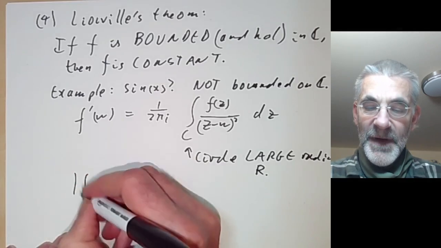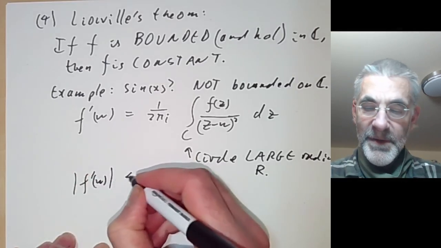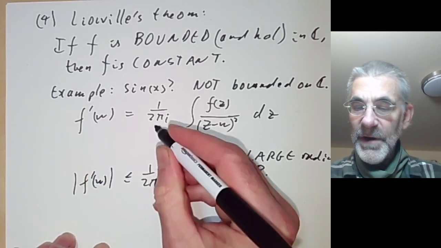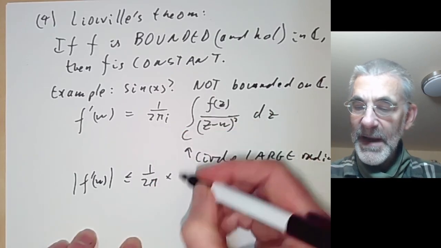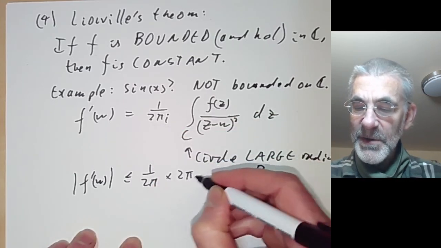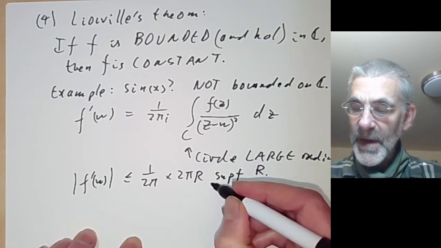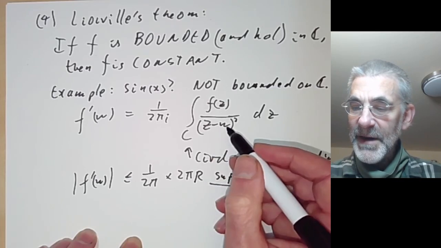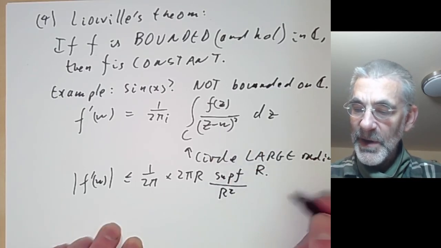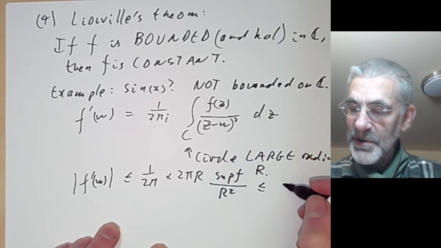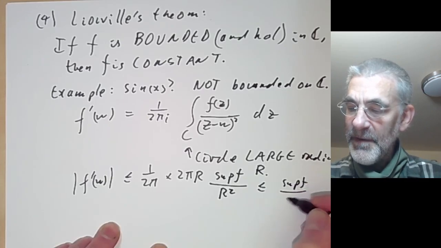And then the absolute value of the derivative is going to be at most 1 over 2 pi, and then we have the length of the curve C, which is 2 pi R, and then we have the supremum of f, and then we want to divide it by (z minus w) squared, which is going to be R squared. So this is going to be less than or equal to the supremum of f over R.